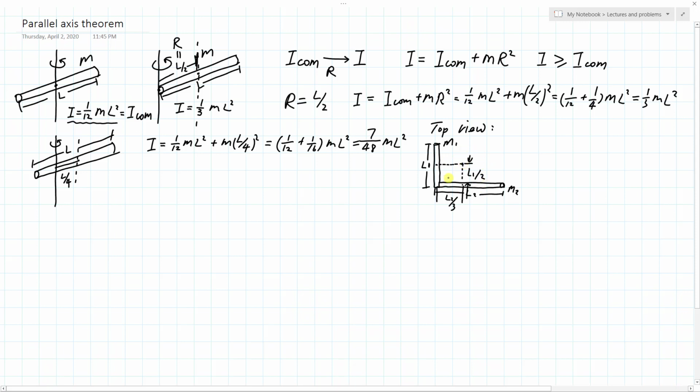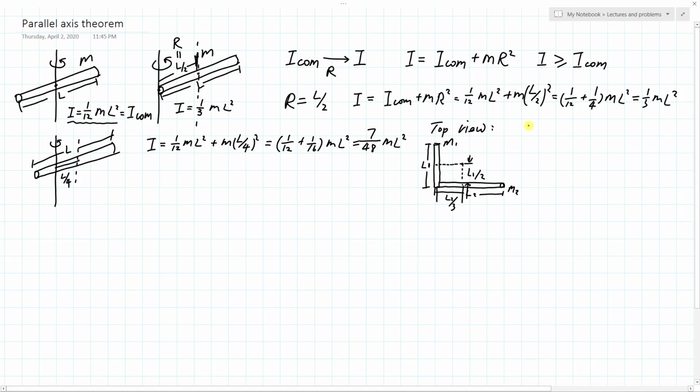First of all, we need to separately look at these two rods. Each rod contributes to the total rotational inertia, just like point masses, they're just added together. So we find the rotational inertia of this object rotating around this point, and then the rotational inertia of this object rotating around this point, both using the same exact formula.